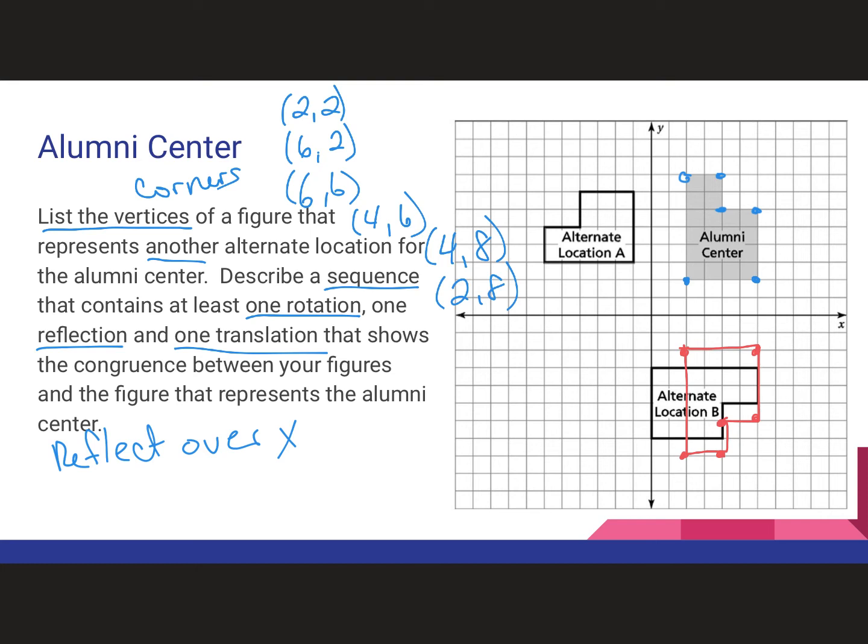Then I'm going to translate left 2, and up 2. Put me in a nice corner and make it a little bit easier for my rotation. So let's do this one in green.